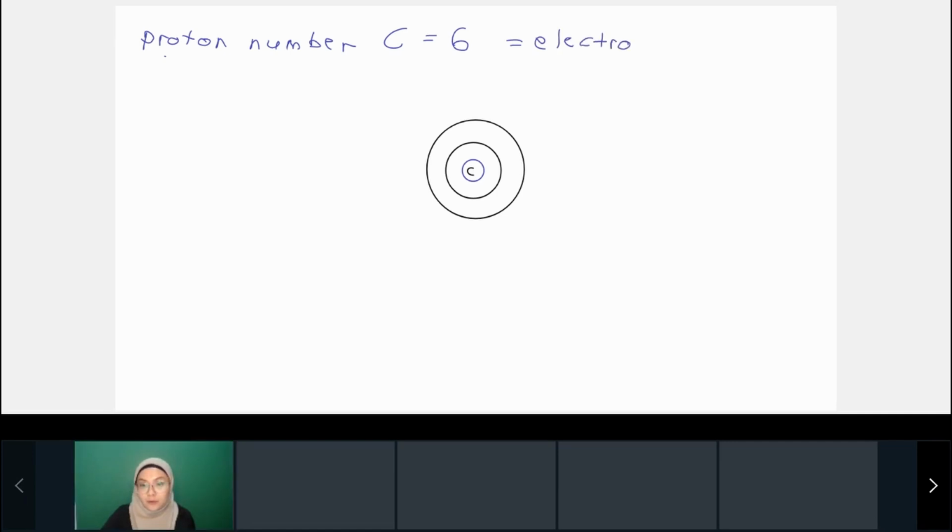The first shell must be 2. We have 2 electrons, and they have 6. So, how about the second shell? 6 minus 2, we need another 4. 1, 2, 3, 4. Now the electron arrangement will be 2.4.